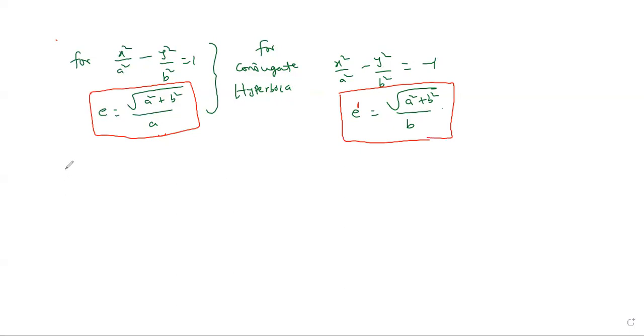Now observe, very important question here. If e and e dash are eccentricities of a hyperbola and its conjugate, prove that 1 by e squared plus 1 by e dash squared is 1.